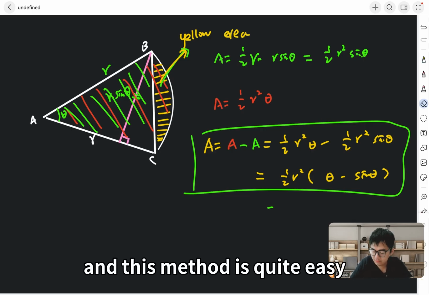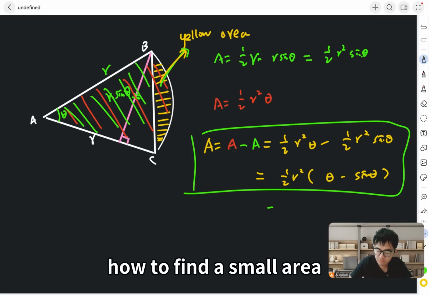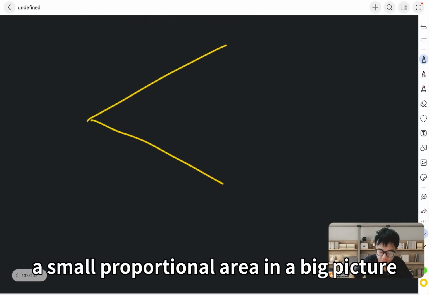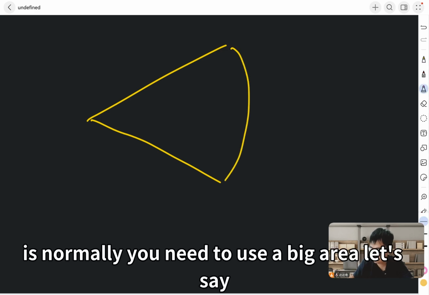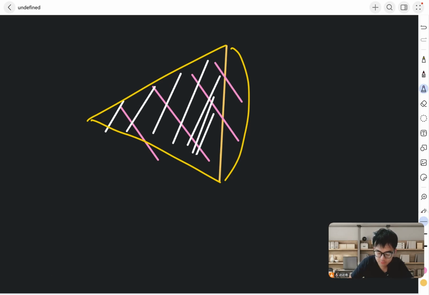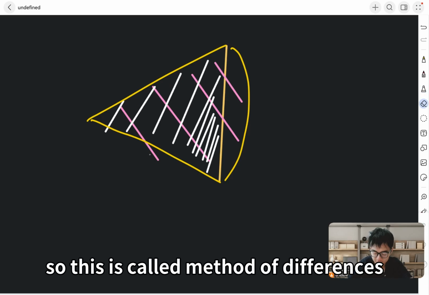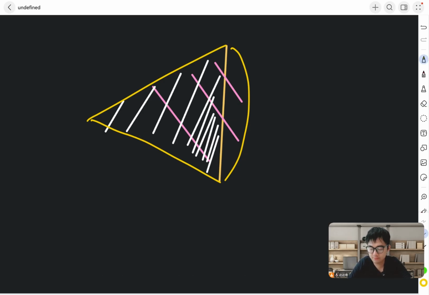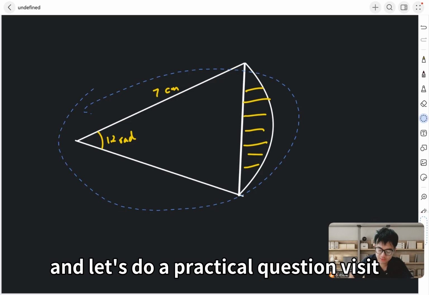This method is quite easy. To find a small proportion of area in a big picture, you normally use a big area and subtract the white area. This is called the method of differences. We use this a lot to find area. Let's do a practical question with it.